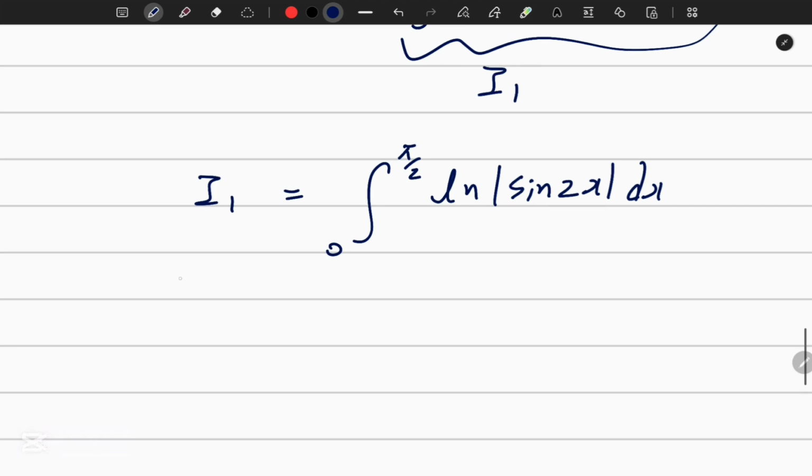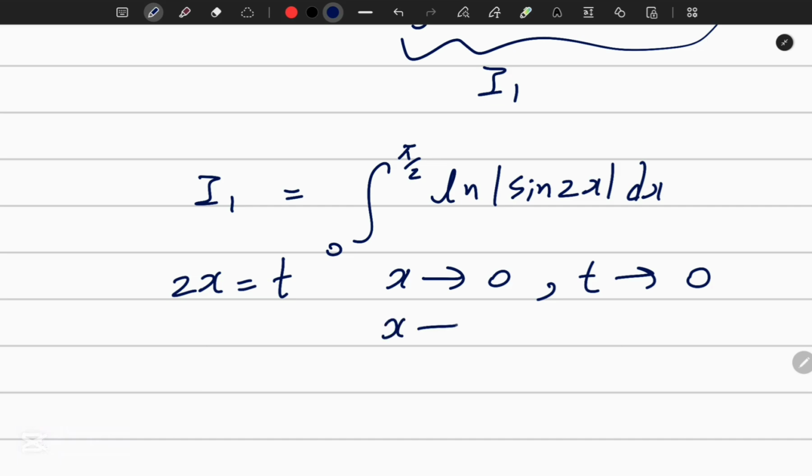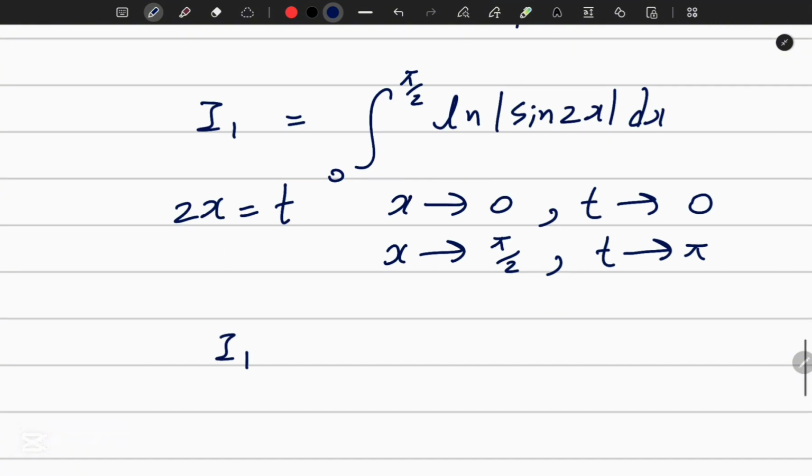Now I'm going to take a substitution: 2x equals t. When x equals 0, t is also 0. When x goes to π/2, t goes to π. So I can write I1 as the integral from 0 to π of ln sin t, where 2x is t.